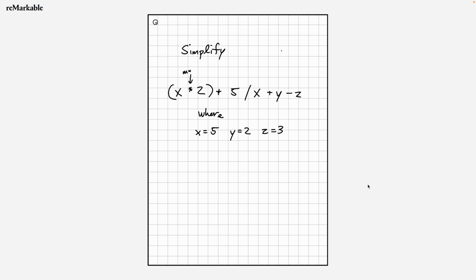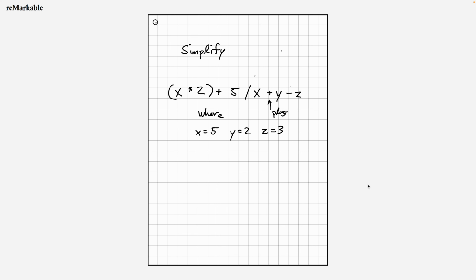This is multiplication. This is add. Slash in coding means divide. This is minus, and this is plus. So just a little bit of symbol stuff there. But let's do it.